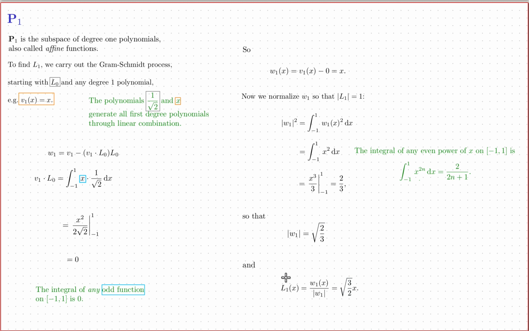Right? And that'll be our L1. So that'll be our second Legendre polynomial. L1 equals radical 3/2 times x. It's a unit vector polynomial, and it's orthogonal to L0. So L0 and this L1 form an orthonormal basis for P1.